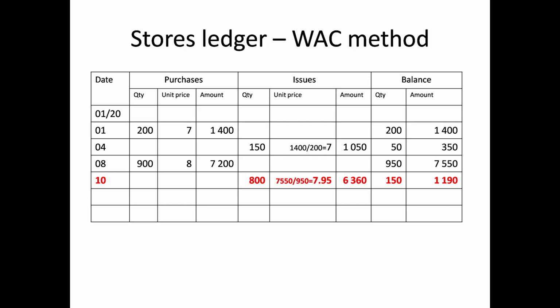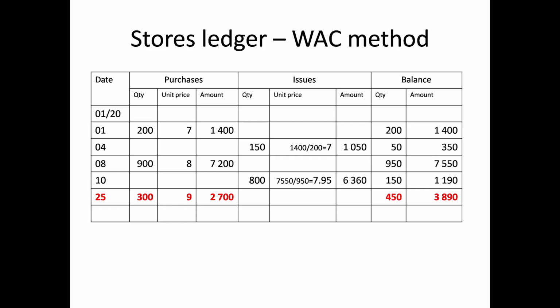25th of January, purchases 300 units at 9 rupees each. Under date 25, purchases quantity 300, unit price 9. Then the amount is 300 multiplied by 9, 2700 rupees.